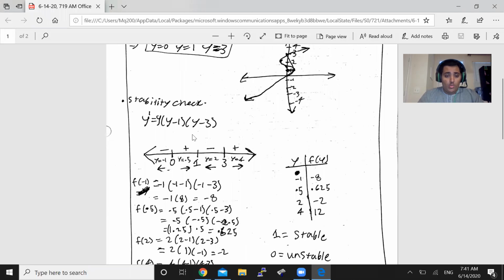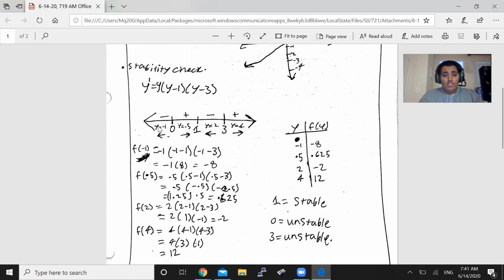See, that's our equation again. I drew a number line to choose points between the critical solutions we already have. Between 0, 1, and 3, I choose points to check if the regions before or after the critical solutions are positive or negative. And I'll tell you why that matters.